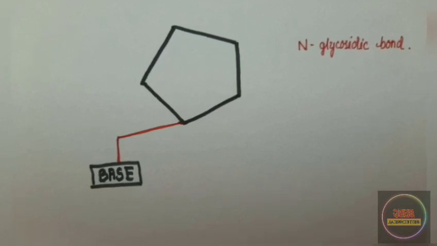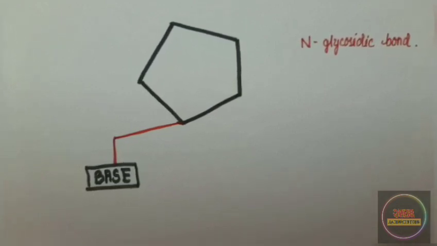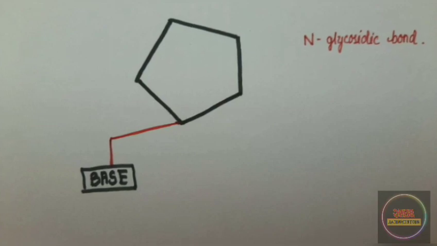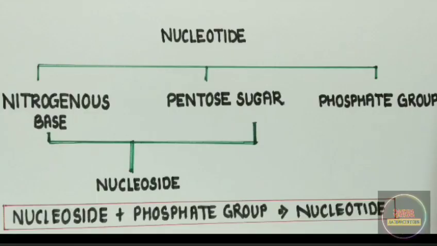For your better understanding, just look at this image. Look, this is the pentose sugar. This pentose sugar plus nitrogenous base is equal to nucleoside. This nucleoside plus phosphate group is equal to nucleotide. Okay?